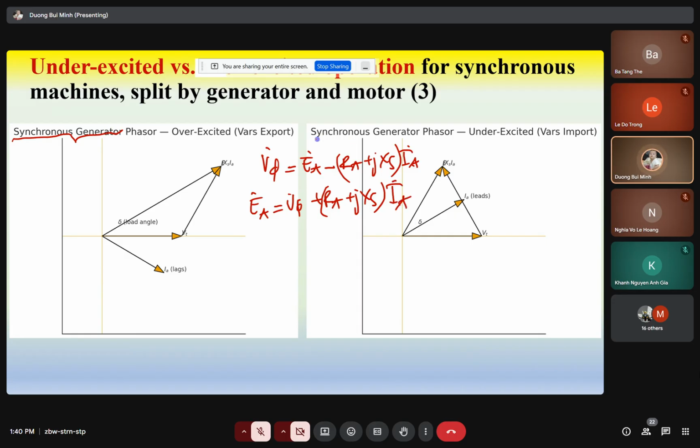And for synchronous generator, EA is always leading V phase. So here is V phase, here is EA, right? Here is the V phase, and here is EA. So EA is always leading V phase. Okay, yeah.